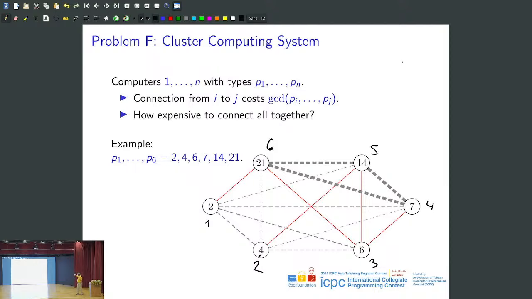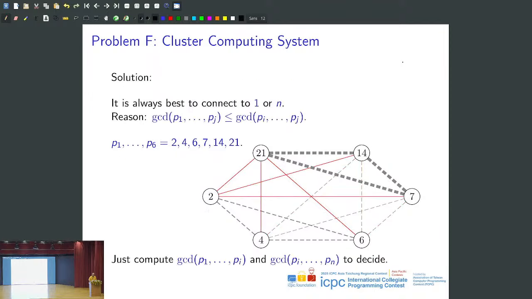So this example here is kind of not like that, but if you draw it like this, this would be such a solution that I would compute. So you have a connection between 1 and n, and then this computer is connected to the last one, this one is connected to the first one.